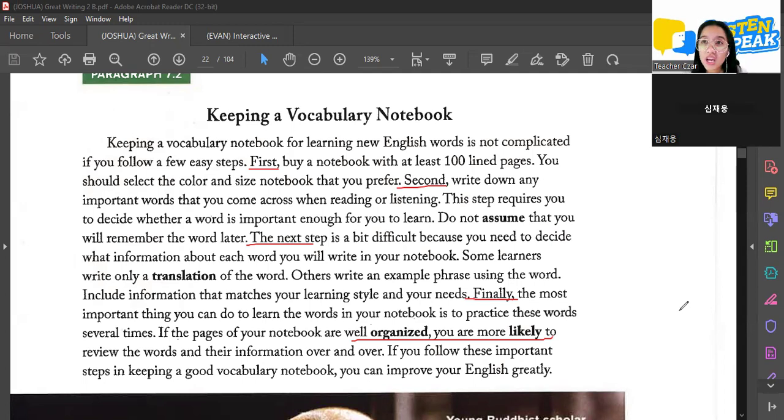Because remember, you will not remember some words in just a click of your finger. It's not that easy because you need to study it. You need to read it several times for you to remember and keep those words in your mind. Okay, any questions?